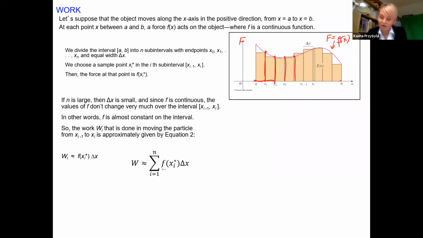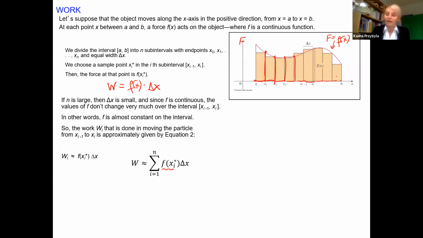That means in order to find the work, we multiply the function times the distance, because we divide into equal subintervals.